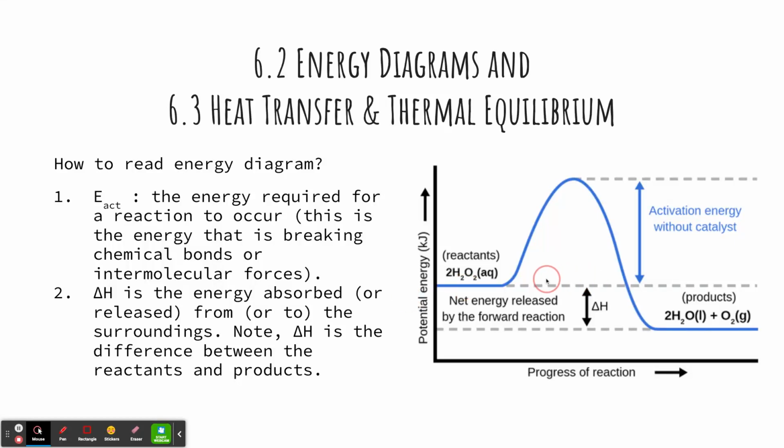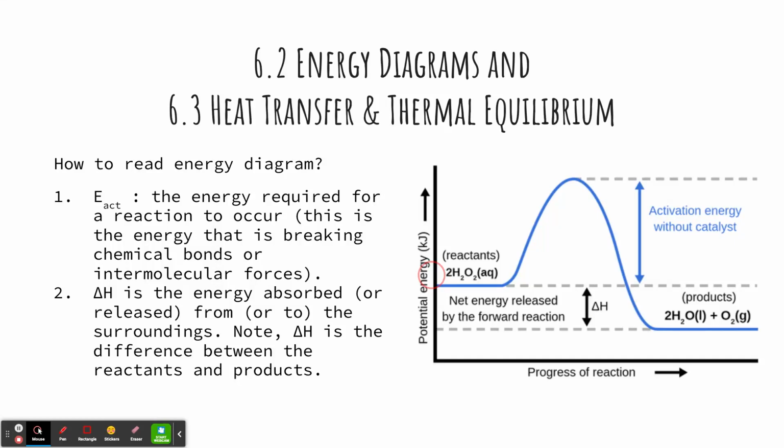Now, the two parts of the graph that we need to talk about are this hill, right? The hill from where the reactants start to the top of it, and then, of course, the energy from the reactants to the products, okay? So this hill is called our activation energy, or EACT, and it's simply the energy required for a reaction to occur.